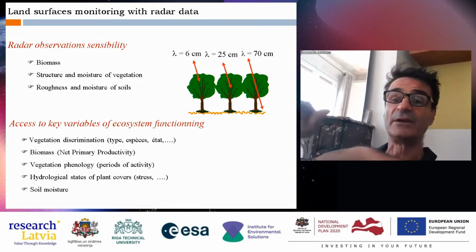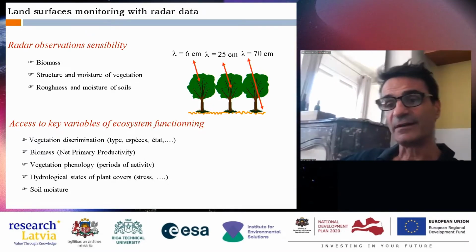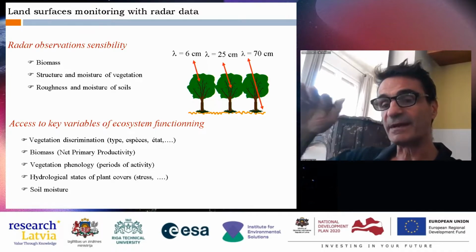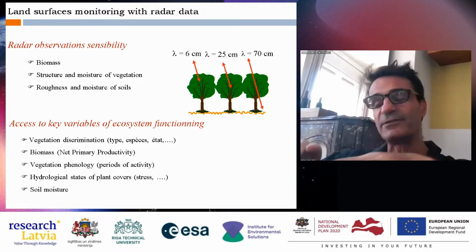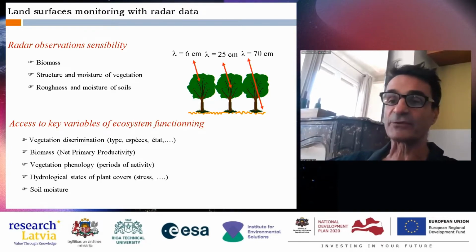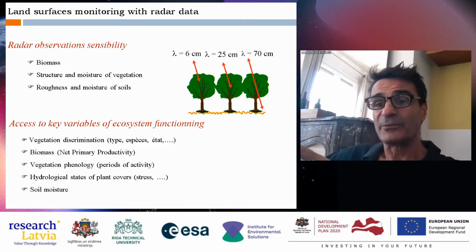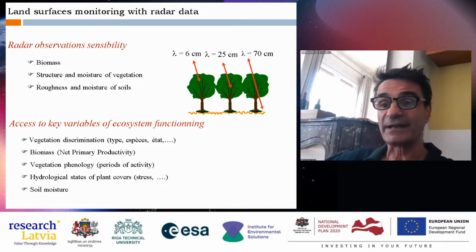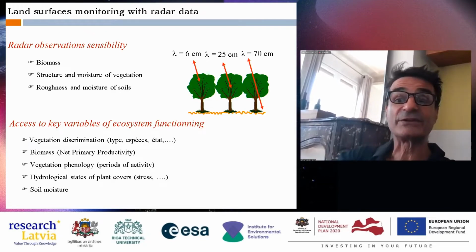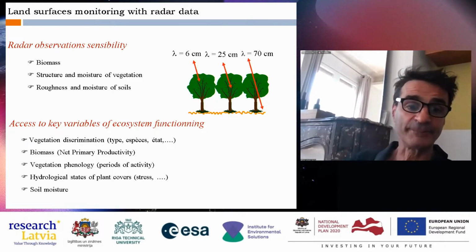It is sensitive to the photosynthetic active pigments of the canopy and their density, and with indirect correlation on some specific sites, it can be correlated to biomass, but it's not a direct correlation as with radar.